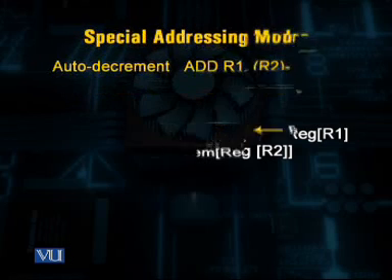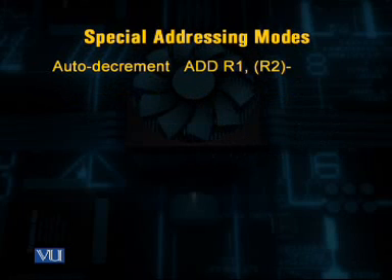In case of the auto decrement operation, the subtraction operation is performed first. That is, D is subtracted first, and then the contents of the memory location are added into the contents of register R1. For example, as you can see from here, ADD R1, comma, R2 within round brackets followed by a minus sign.